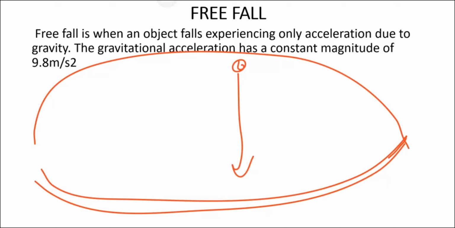And when the fall happens, there's no air effect on the fall. The object just falls freely. That's when we categorize that as free fall. So when an object falls freely in this category, it falls experiencing only acceleration due to gravity.